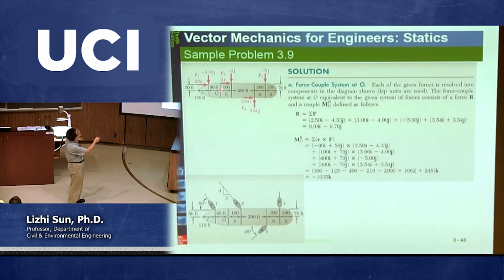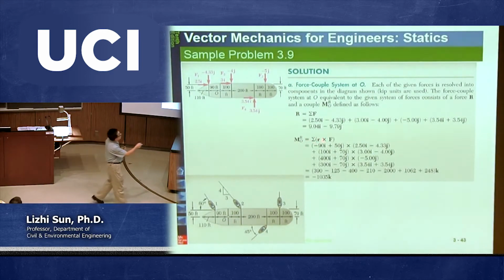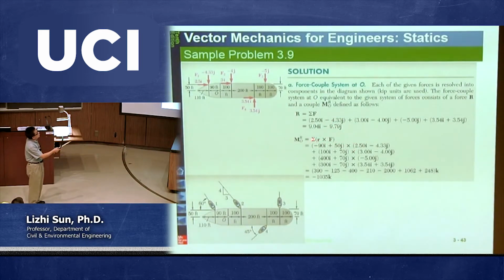We don't need any information related to the distances, like 90 feet or 100 feet, whatever. So this is independent of the point. However, the resultant moment is the summation of R cross F. So we have F1, F2, F3, F4, but now we need to characterize the four R's: R1, R2, R3, R4. Let's do it one by one.